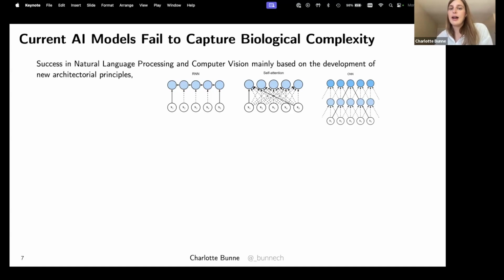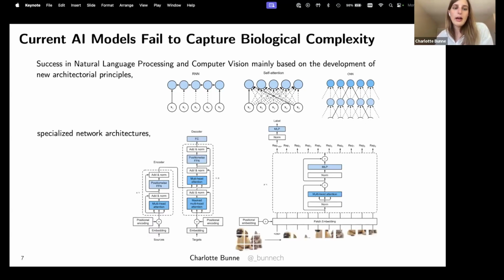So RNNs, self-attention, CNNs, when dealing with language, sequential data, or images. And similarly, we've seen, of course, insight from the network architectures, transformers, both for language and vision, as well as the type of loss functions we are using: unsupervised, self-supervised, via masking, next token predictions. And all those mechanisms are based on the structure of the data we are dealing with. And we need to find something similar for the biological data we are working with.